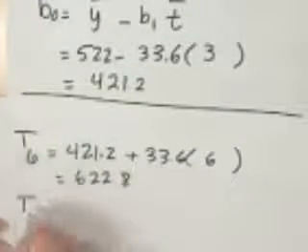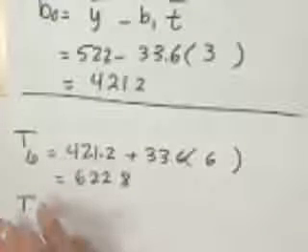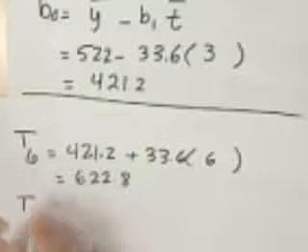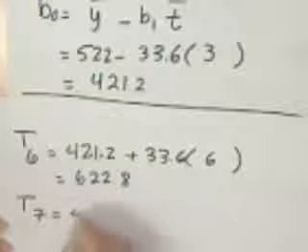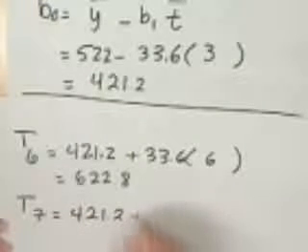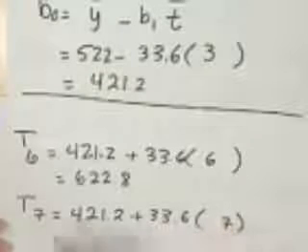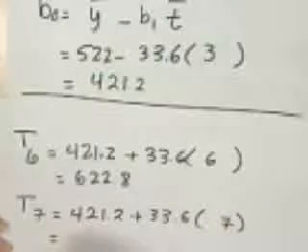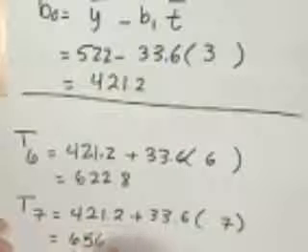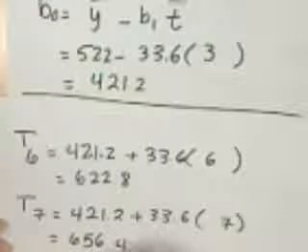So the trend forecast, meaning a forecast that accounts for trend, for time period 7 then, would be 421.2 plus 33.6 times 7. And that number would be 656.4.